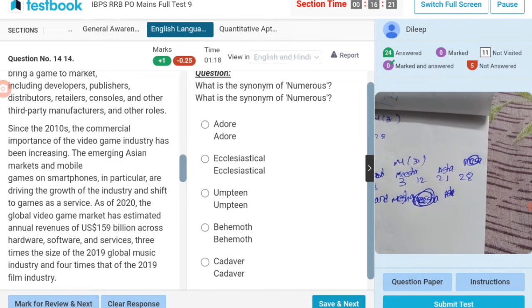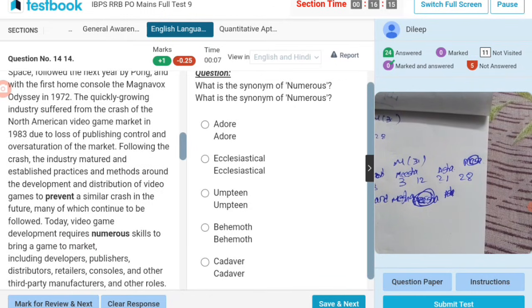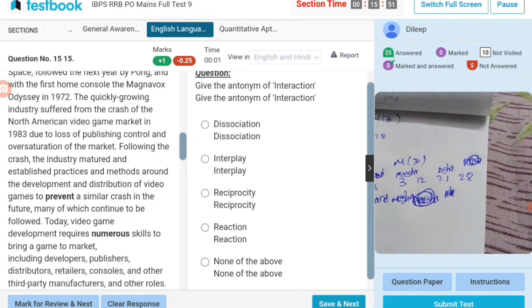Next. So what is the synonym of numerous? Numerous skills. Behemoth, I think. Interaction.